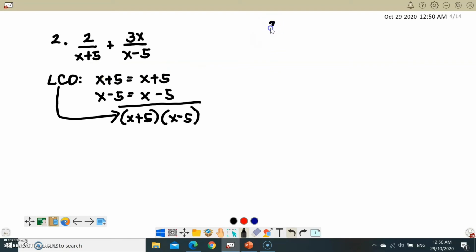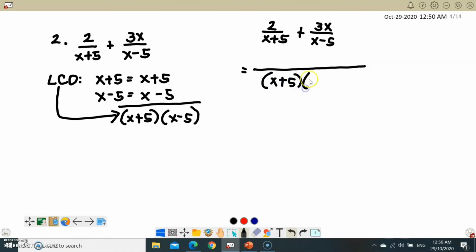So I'll be copying the given 2 over x plus 5 plus 3x over x minus 5. We'll be using the least common denominator as the common denominator. So x plus 5 multiplied by x minus 5.